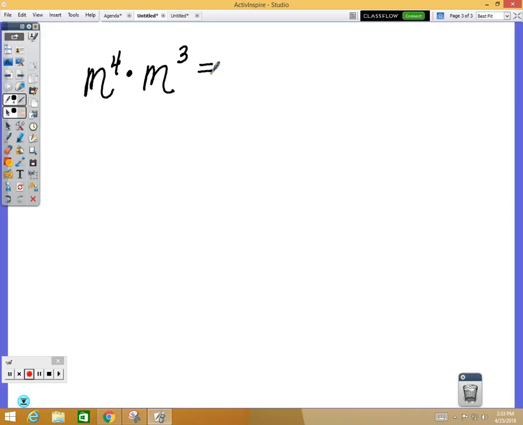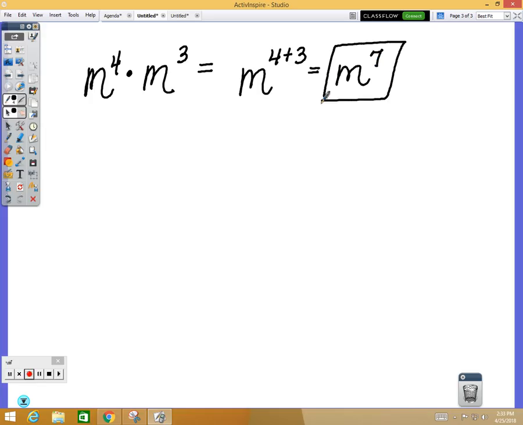All right, so you add your exponents. Remember, you must have the same base. You keep the base and you add the exponents. So keep your m, add your exponents, which is not work that I expect you to show. You may obviously do that in your head, but I wanted to show it up here just so everyone sees it. And again, this will be posted on YouTube so you can see it on there.